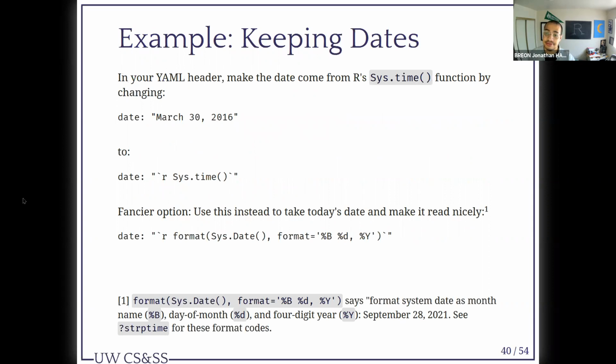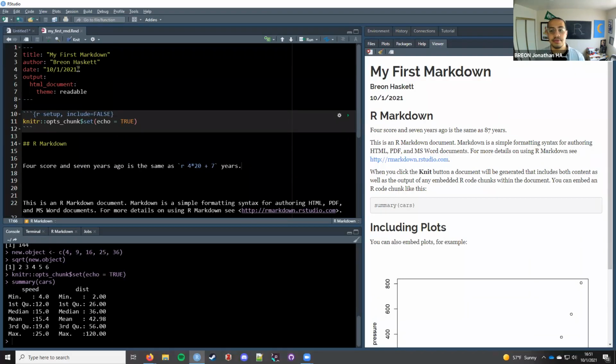An example is keeping dates in your YAML header. Make the date come from R's Sys.time function by changing the date that's there to this. And you'll note that it will print out the exact time that you knit the document. So I'll show that off right now.